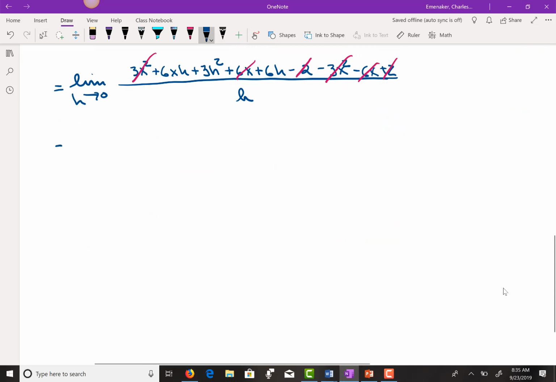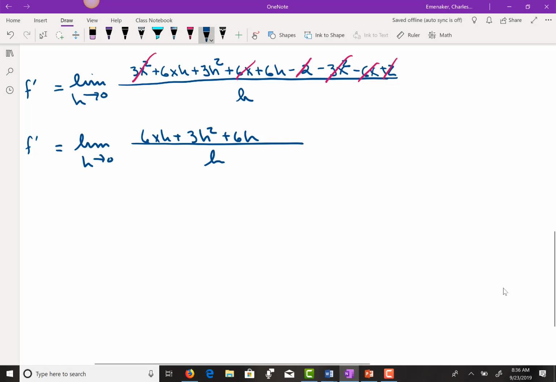And that gives us, remember on the left side it's still f prime equals the limit as h goes to 0. Don't need to draw a line quite so long now. 6xh plus 3h squared plus 6h.